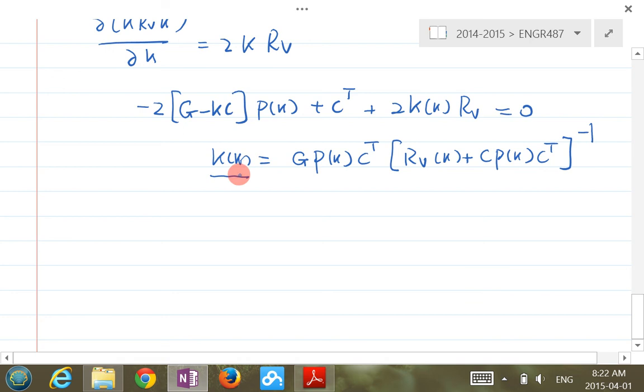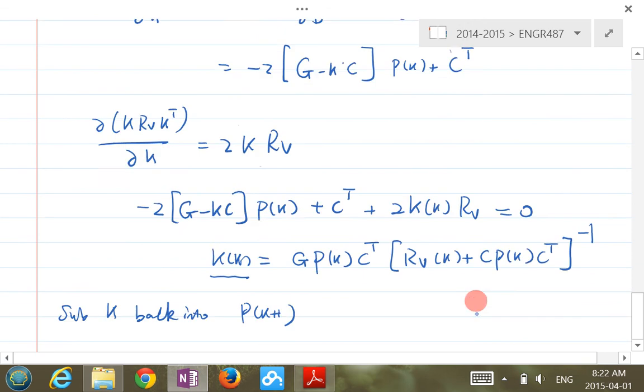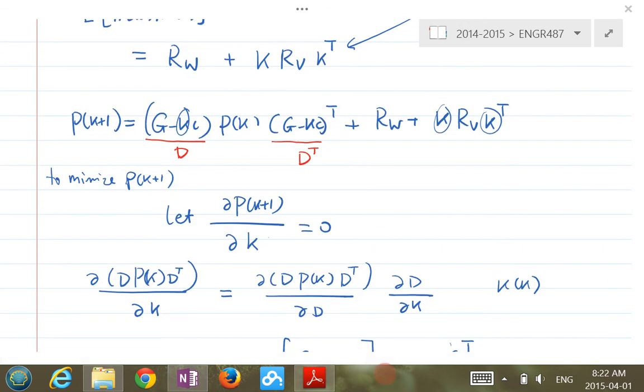Once we get K, we can substitute it right back into the expression for the P of k plus 1 matrix, this equation here. Then we can obtain the minimum value for this P of k function.